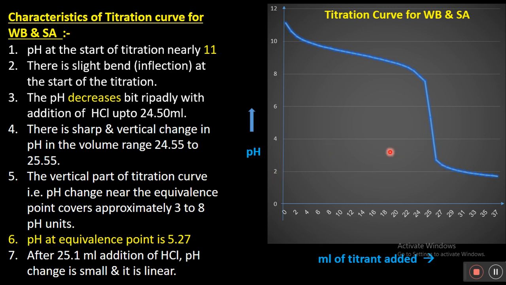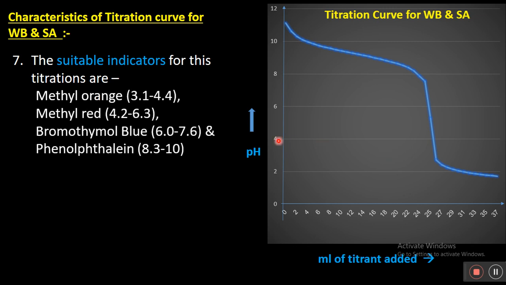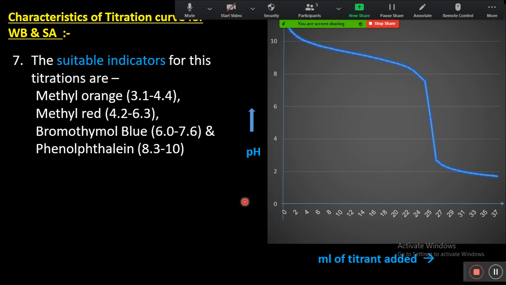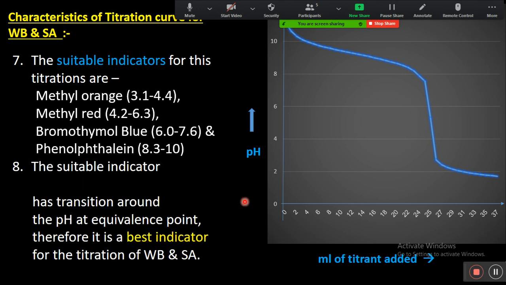Now what will be the indicator for this titration? The suitable indicators for this titration are methyl orange, with transition range 3.1 to 4.4, methyl red 4.2 to 6.3, bromothymol blue 6.0 to 7.6, and phenolphthalein 8.3 to 10. Out of these four indicators, the suitable and best indicator is methyl red, which has a transition range around the pH at the equivalence point.